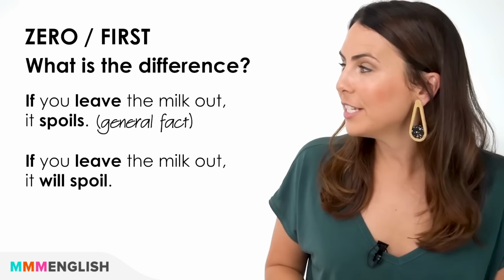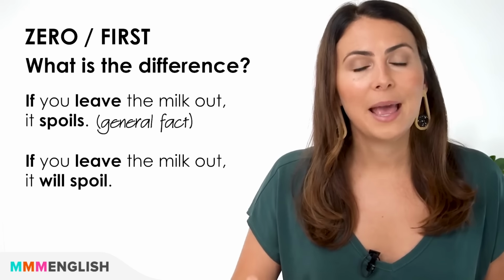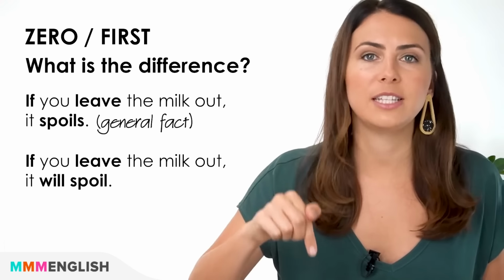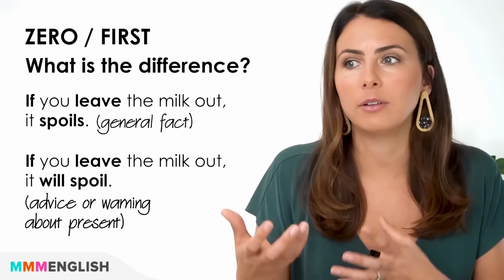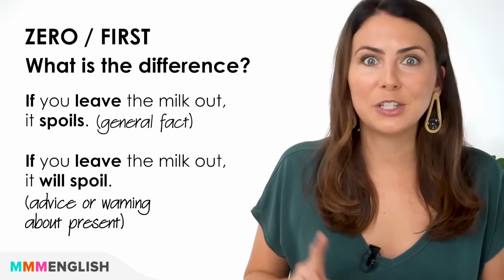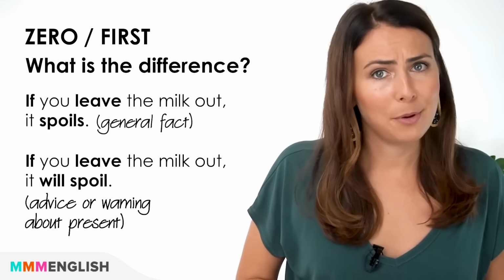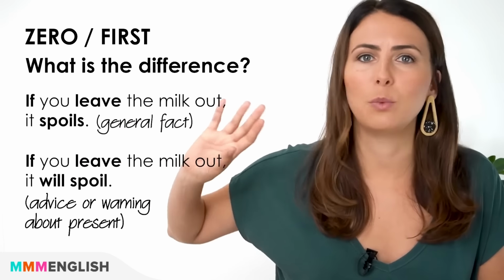When I use the first conditional sentence, I'm telling you about a possible outcome based on the current situation. So it's like advice or warning about a present situation, something that is specific. So imagine that you've just made a coffee, you left the milk on the bench, and then you've gone off to the living room to watch some telly.